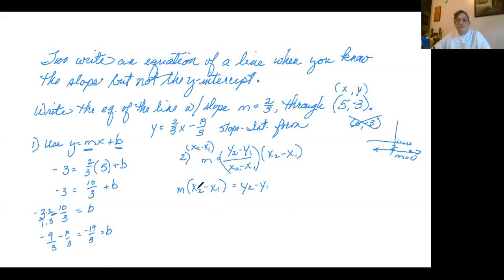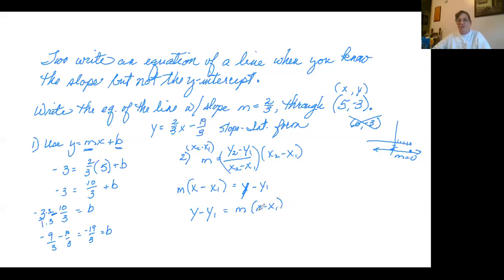Rather than distributing this, I'm going to leave it like this, but I'm going to erase the first set of subscripts, and they usually write it in reverse order. y minus y1 equals m times x minus x1.